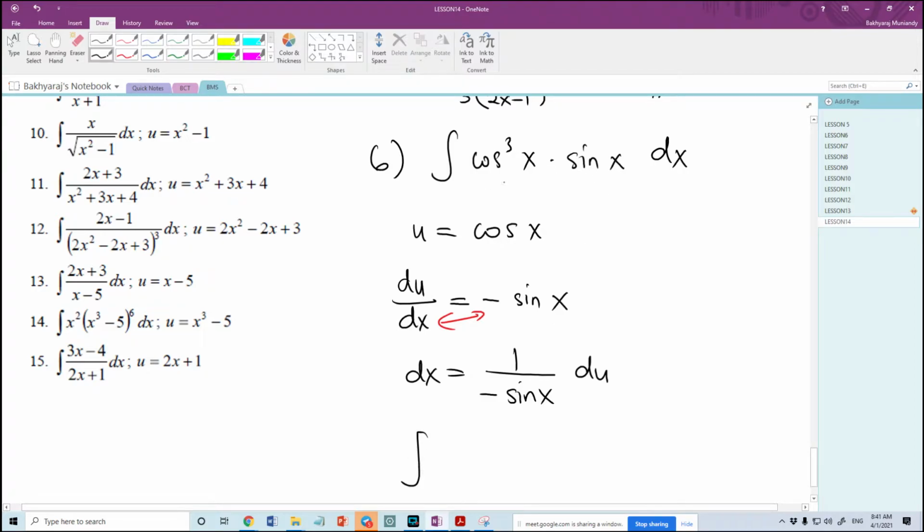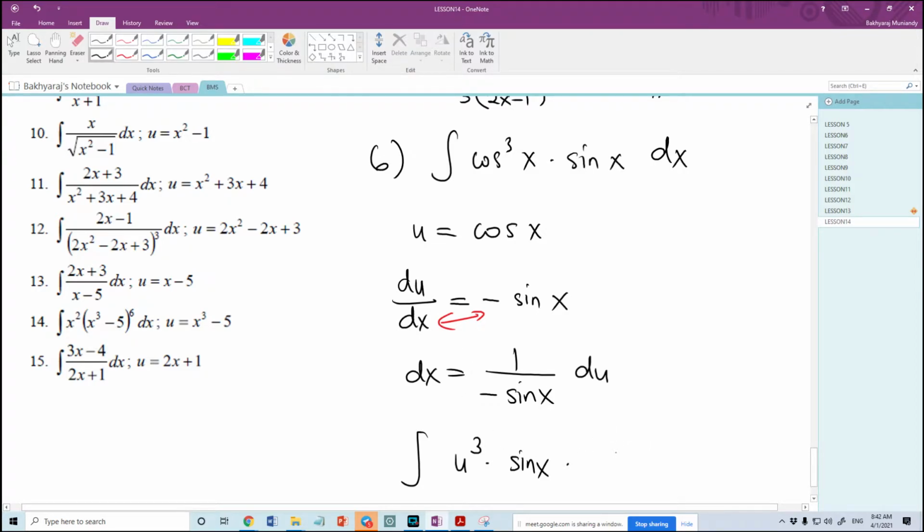Okay, here power of 3, right? So you will get u power of 3 dot sine x. Sine x is just the question lah, because I just substitute u becomes cos. So cos power of 3 becomes u power of 3 dot sine x, and dot with dx.